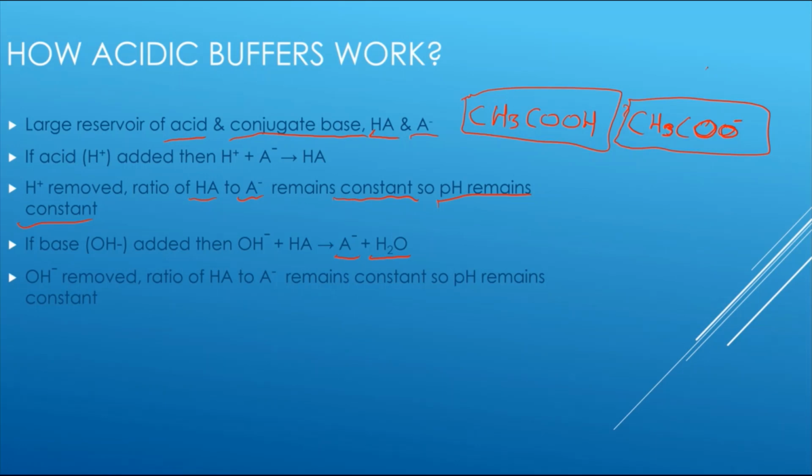So these OH minus ions wouldn't be reacting with the H plus ions in the solution, and because H plus ions are responsible for the pH, we wouldn't get a big change in pH, because the concentration of H plus ions would be nearly the same as the original H plus ions. And again, the reasoning is that the ratio of HA to A minus remains constant, so pH remains constant. Now, the pH would not be exactly the same. There might be a slight change to the pH.